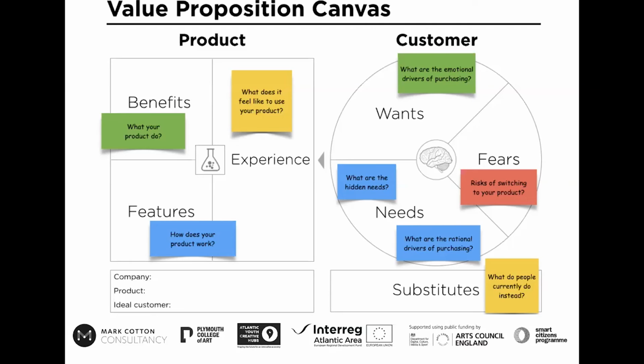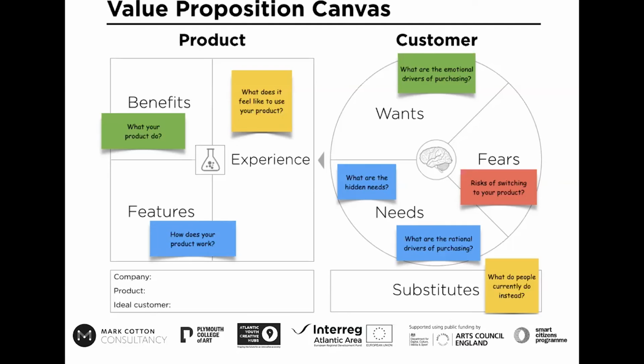The customer's needs, however, are the very rational things that the customer has to get done or has to achieve with your product or through your service. And then the fears are the very dark side of decision making, the fear of making a mistake, or the fear of missing out, or the fear of loss.